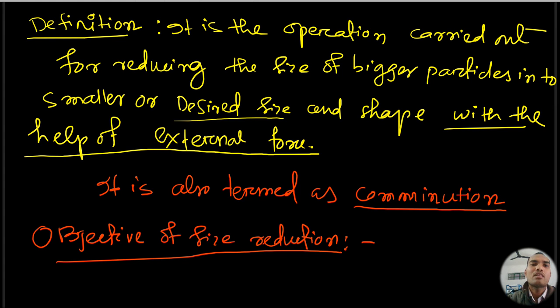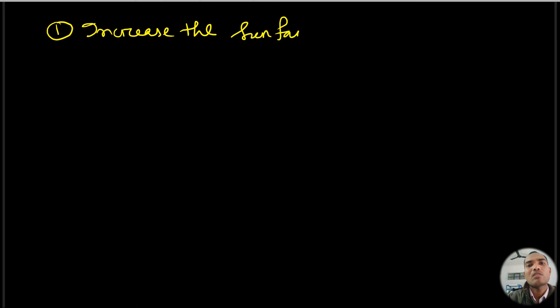We can tell the objectives of size reduction are, the very first important thing is to increase the surface area. Whenever we reduce the size, it increases the effective surface area of the element. Why is it important?